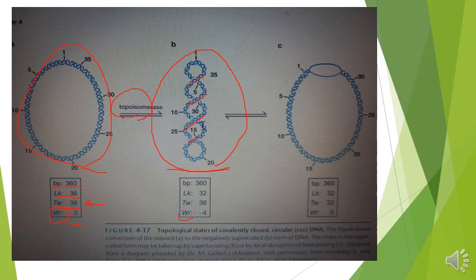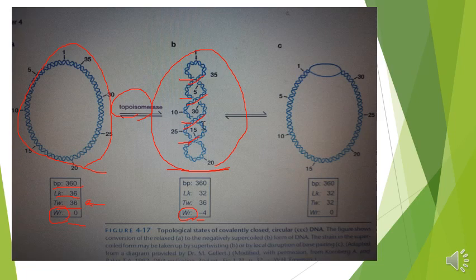That is why the writhing number is shown by a negative value. And how can we calculate the number? You can see that in this point, this point, this, and also this, it is further coiled. It means in 4 points it is supercoiled negatively. That is why the writhing number is equal to minus 4.